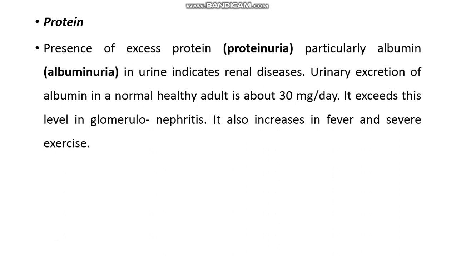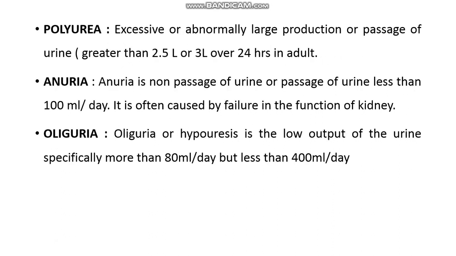Urinary excretion of albumin in a normal healthy adult is about 30 mg per day. Okay, if the presence of albumin in urine is more than 30 mg per day, it indicates renal dysfunction. One of the dysfunctions is glomerular nephritis, and this can also be increased in case of fever and severe exercise.